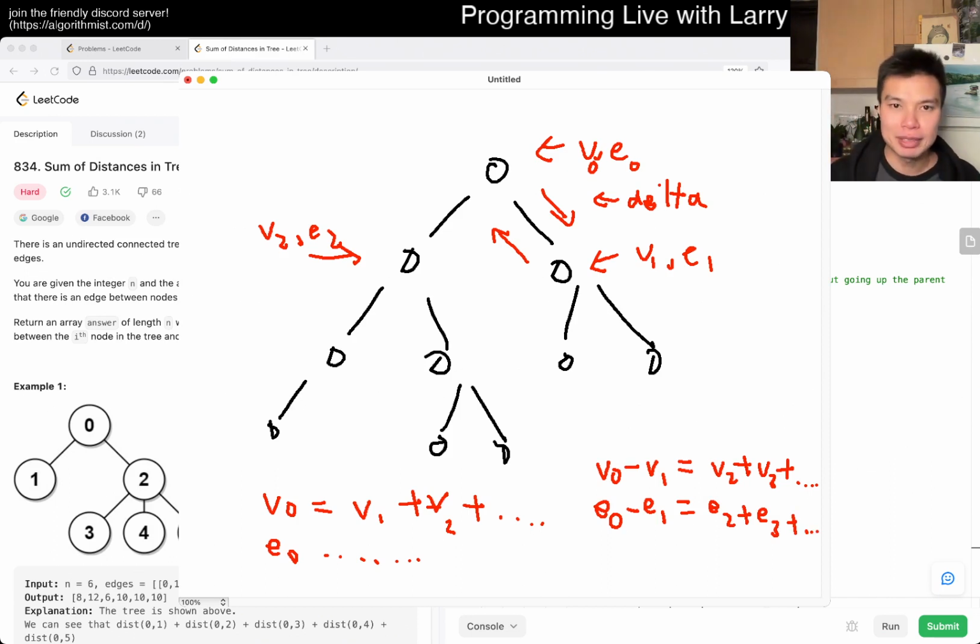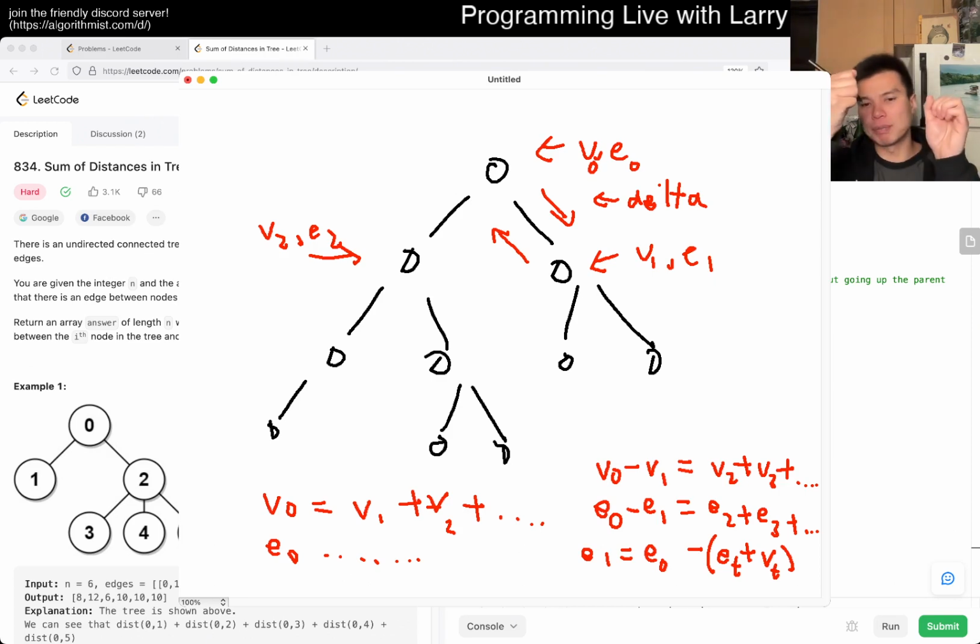Well, now E sub 1 is equal to, let's just say E sub 0 minus all this other stuff, E sub total, right? To get the edges that are over there. But each of them actually moved one step closer because it moved that one distance. So then it's subtracted by this thing plus V sub total or something like that, right?